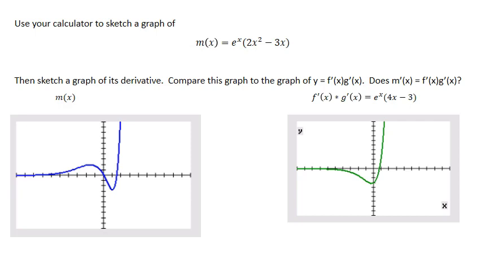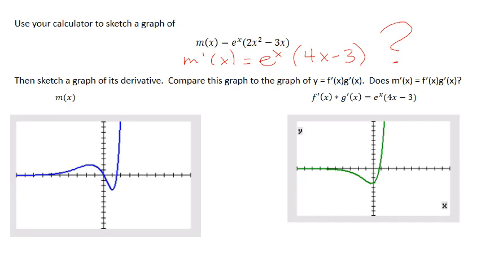So in that case, our guess for the derivative of this function might be m prime of x. The derivative of e to the x is e to the x, I remember. And the derivative of 2x squared minus 3x would be 4x minus 3. That's just the derivative of each. And I'm going to put a big question mark beside that because I'm just testing it. I'm not sure that that's going to be the derivative.